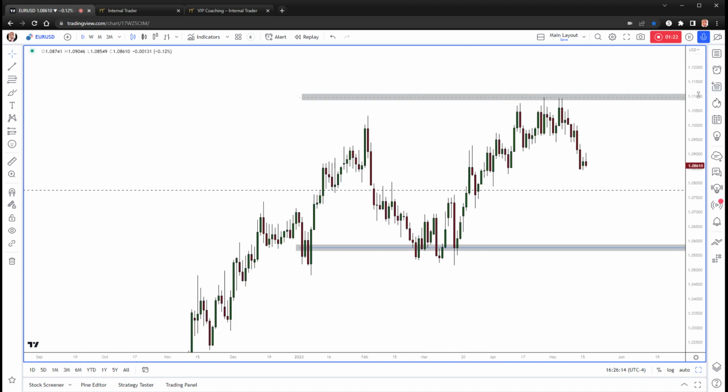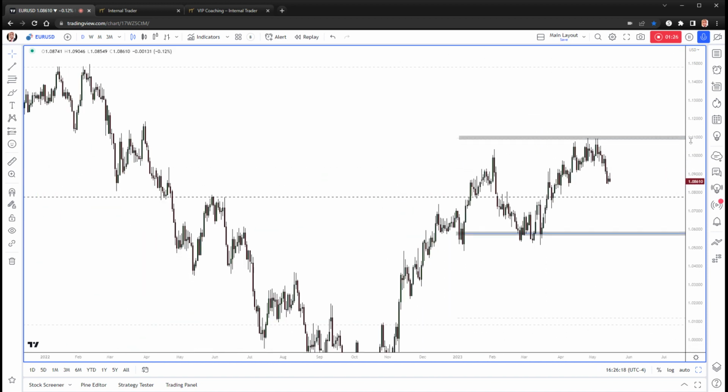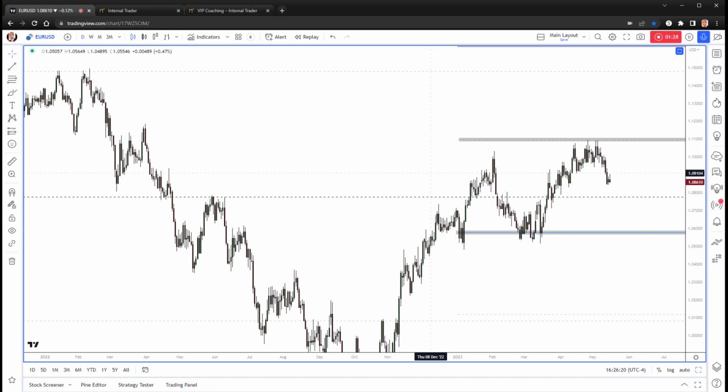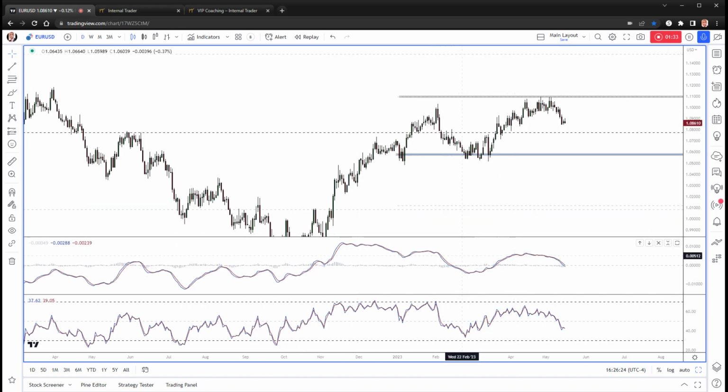But one of the signs that I was paying attention to, to get ready to exit these long positions was, number one, there was some divergence here on the MACD and the RSI. I could draw that out for you real quick. On the MACD, it's pretty interesting. You can even draw it from way back here.